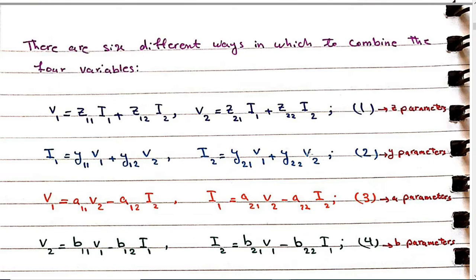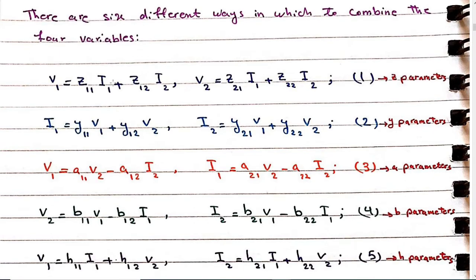In the first line you see 2 equations, V1 as a function of I1 and I2, and V2 as a function of I1 and I2. We call this first line of equations Z parameters: Z11, Z12, Z21, and Z22.